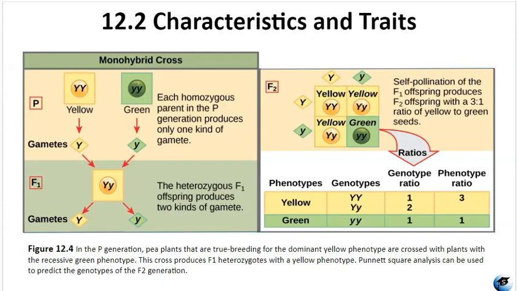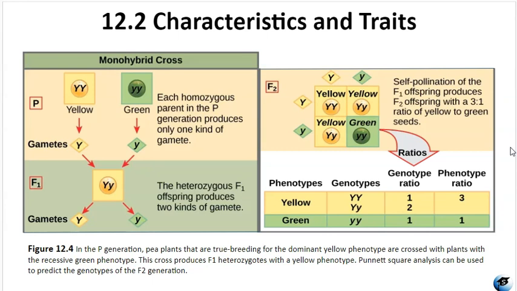To illustrate a monohybrid cross, let's consider true breeding pea plants with yellow and green seeds. The dominant seed color is yellow, so the parental genotypes are capital Y capital Y for yellow seeded plants and lowercase y lowercase y for green seeded plants. We can use a Punnett square created by Reginald Punnett to predict the possible outcomes of a gamete cross and their expected frequencies.